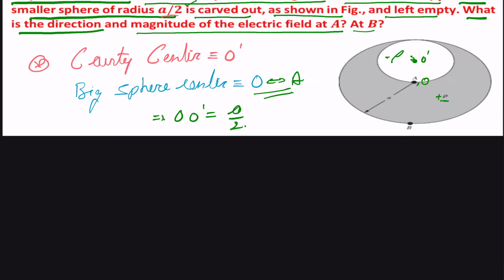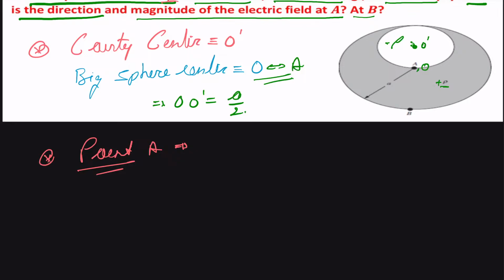Okay, so point A is having two locations simultaneously. Because of the cavity it is on the surface, and because of the solid sphere it is at the center. Okay, so the position of A is having two positions simultaneously.